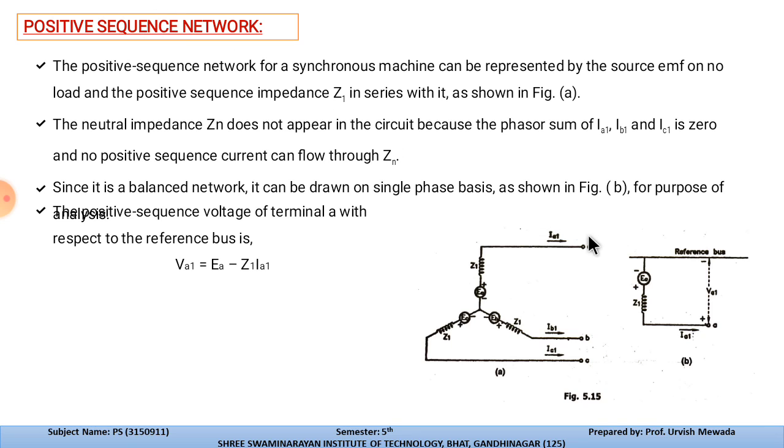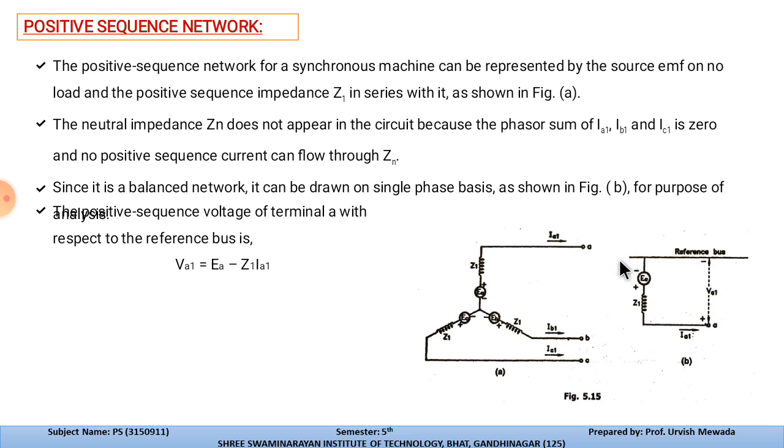This is the simplified, single phase circuit of the given system, in which Ea is connected with Z1, and this is the line on which we have the current Ia1, and this is the reference bus, and between the reference bus and the line we have the voltage Va1.